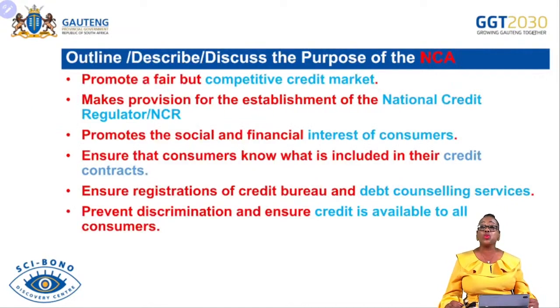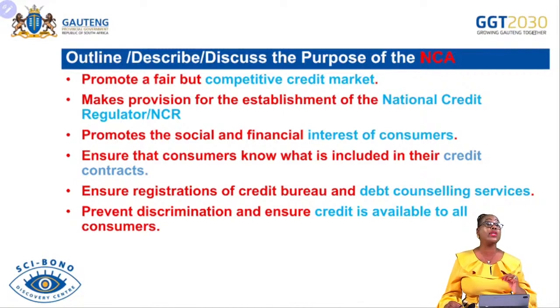The first thing, as we have already indicated, is one very important aspect, which is called the purposes of the National Credit Act. Now, these purposes, when they are going to be assessed in your assessment, it depends on the action verb used.